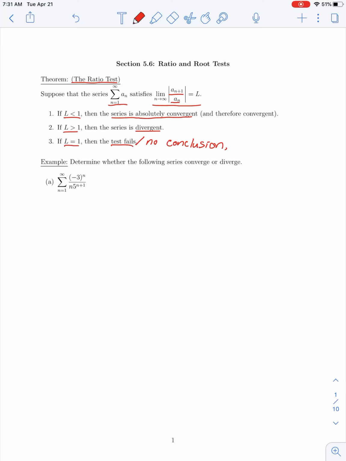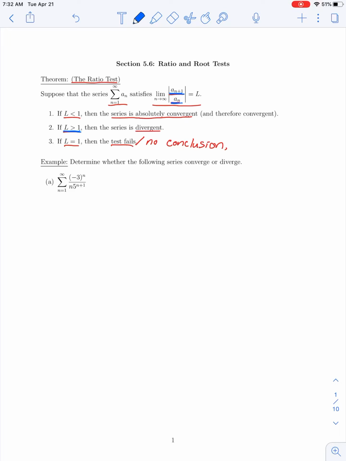The way this ratio test works, sort of intuitively, is if we look at the ratio of these successive terms, that is a sub n plus 1 to a sub n, if that ratio is greater than 1 for large values of n, that means that the numerator is growing more rapidly than the denominator for large values of n.